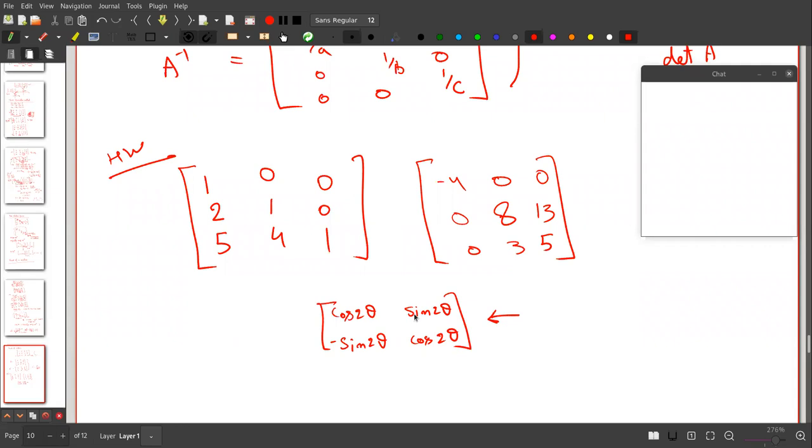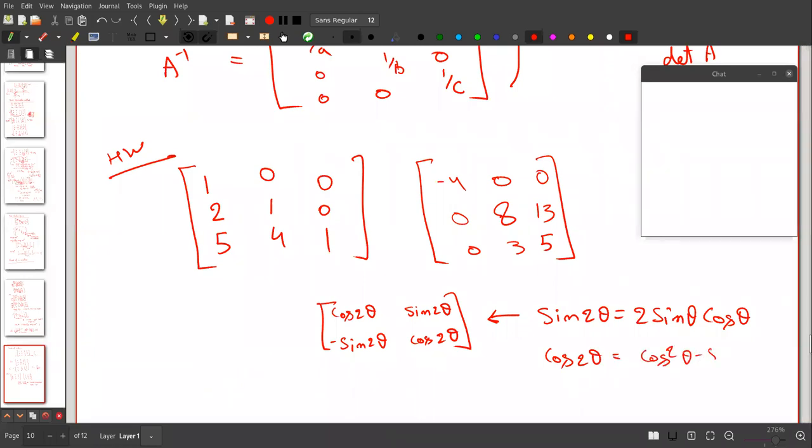These are just the formulas: sin 2 theta equals 2 sin theta cos theta, and cos 2 theta equals cos square theta minus sin square theta. I think I have written it correctly. So you just do some manipulation and you will get the inverse of this. You have to calculate the A inverse of all these.